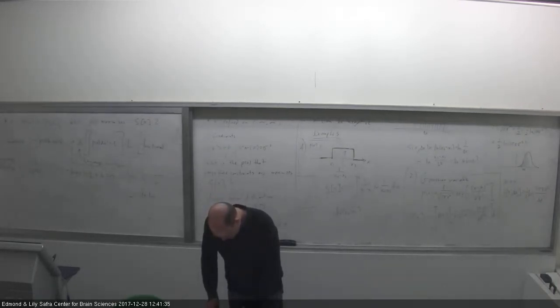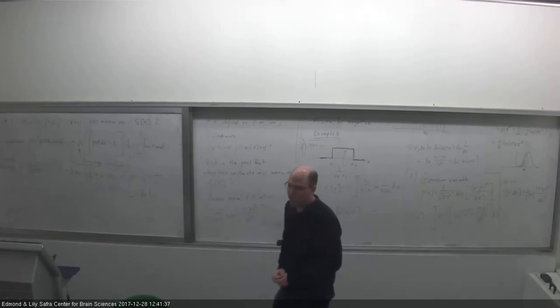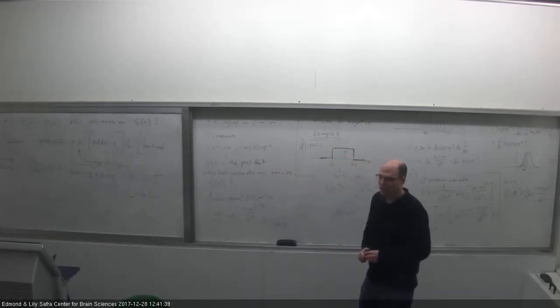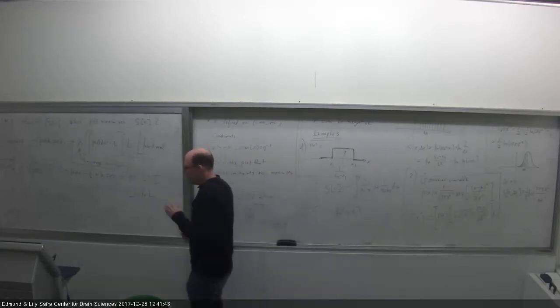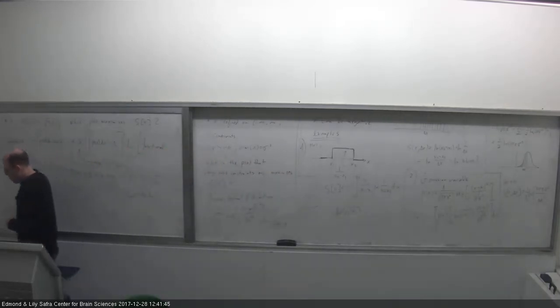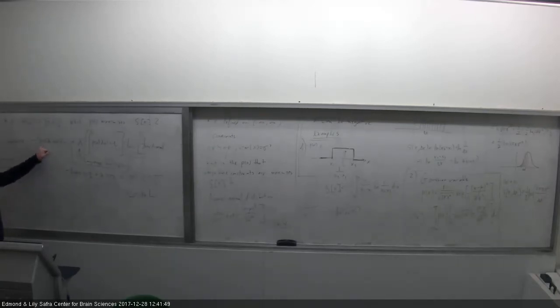Can you give an intuition for differential entropy? Yes, one way to think about it, which is very useful, is to imagine that instead of p of x being a continuous function, you would discretize x.